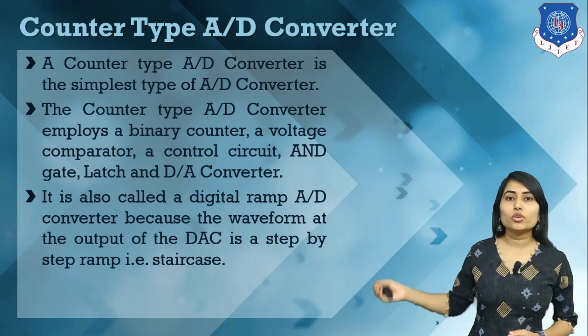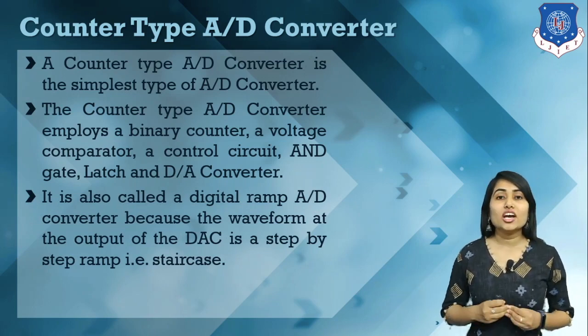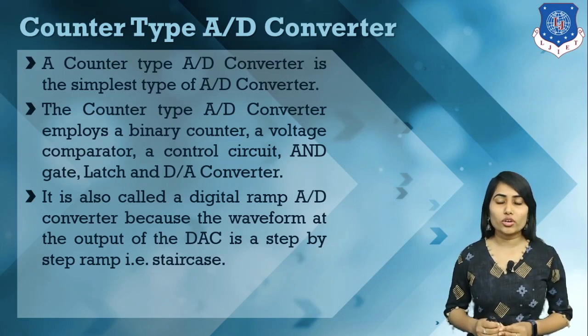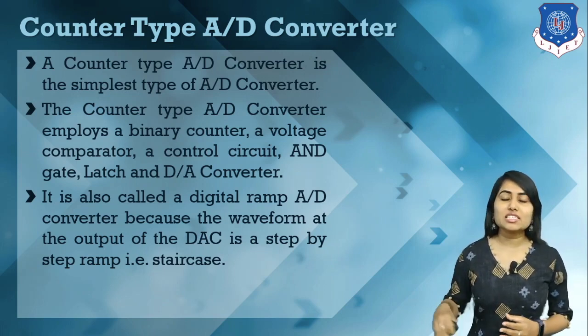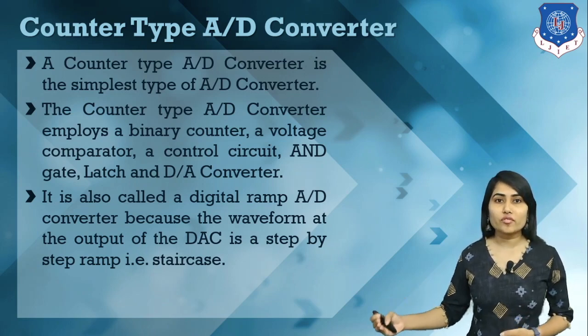This counter type analog to digital converter is also known as digital ramp analog to digital converter, because the output of the digital to analog converter is our staircase reference voltages.